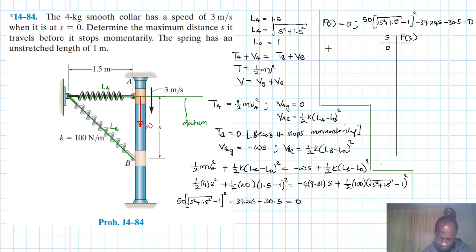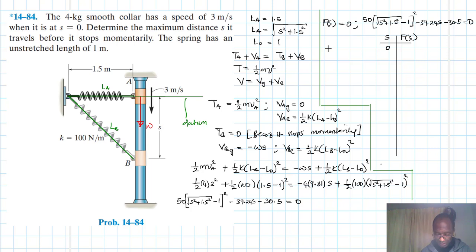Okay, square root of 1. So let me write this for equation 15. Open bracket, square root of 1.5. I just said 0. Okay, squared plus 1.5 squared. I close this.